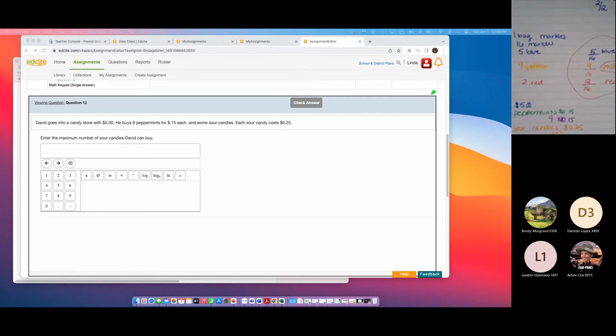Then he is going to buy sour candies, so we are going to add 0.25 times question mark, right? Let's just turn that into a variable. We can use x because we don't know how many David is going to buy. We don't know how much money he has left. He has to figure that out.